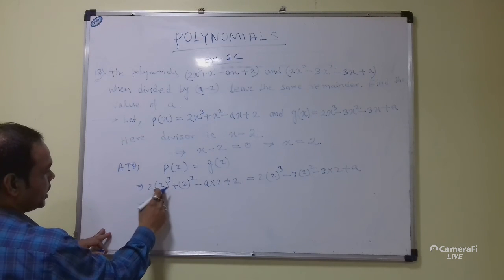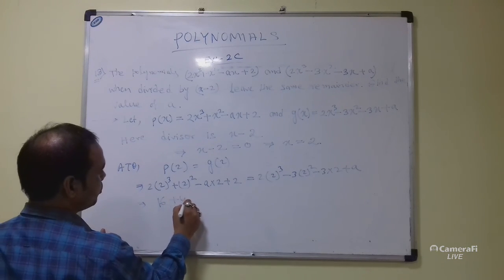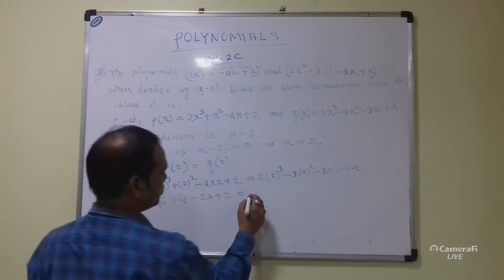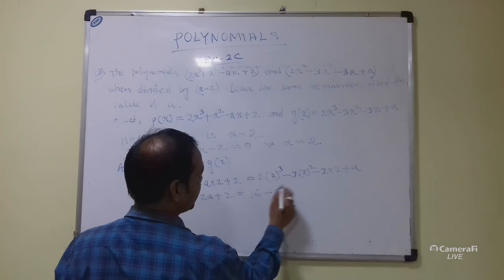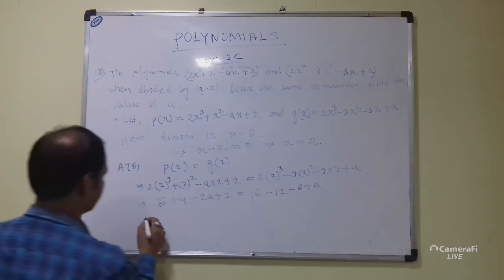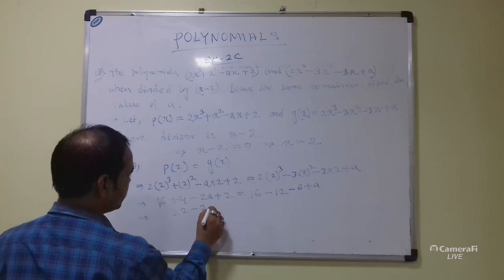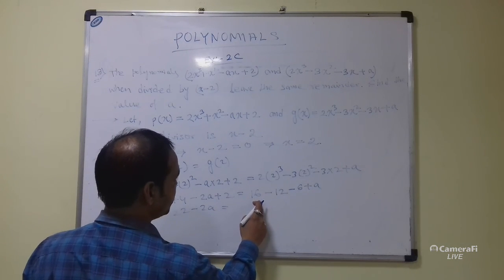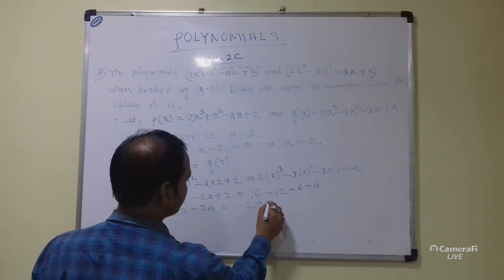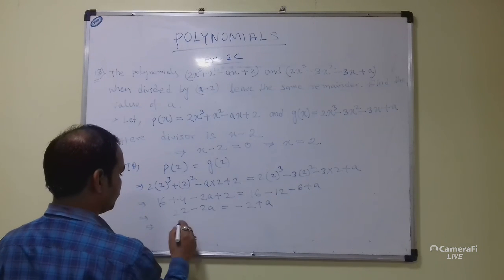Now it will be 8 into 2, 16, plus 4 minus 2a plus 2, and 16 minus 12 minus 6 plus a. Now 16 plus 4, 20, it is 22 minus 2a, and 16 minus 14 is 4, 4 minus 2 minus 2 plus a.